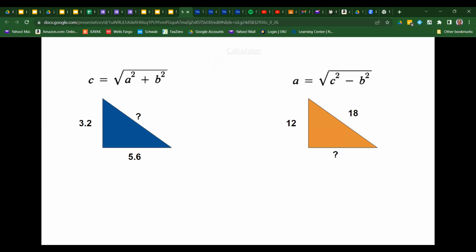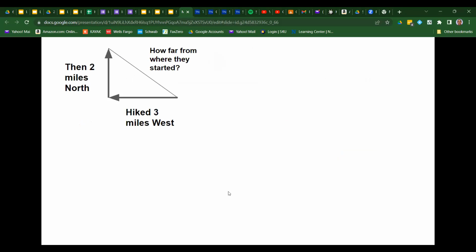All right, let's take a look at one more set of problems. This is kind of a classic word problem style that involves finding the missing side of a triangle. They will talk about a hike or some travel where we go in different directions. In this case, somebody hiked 3 miles west. Then they hiked 2 miles north.